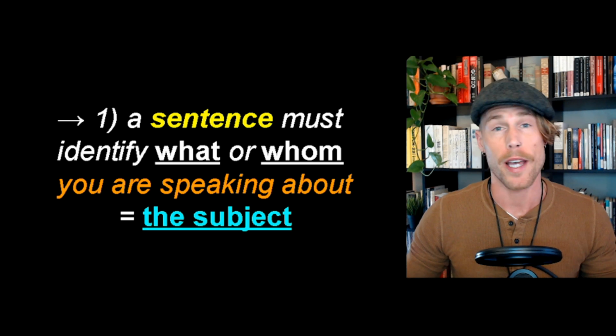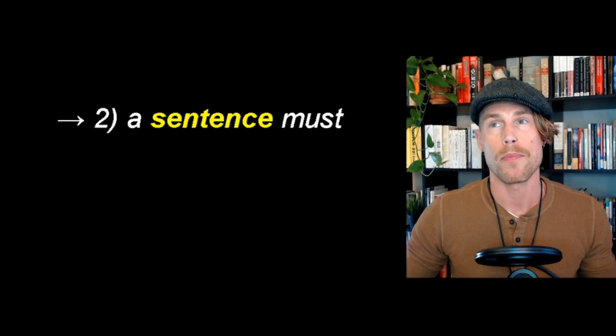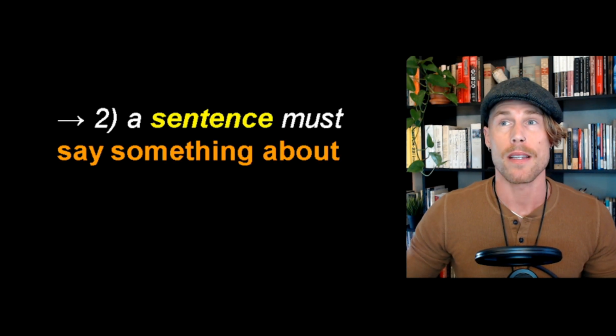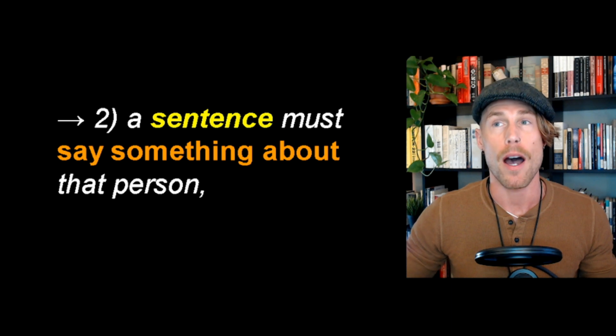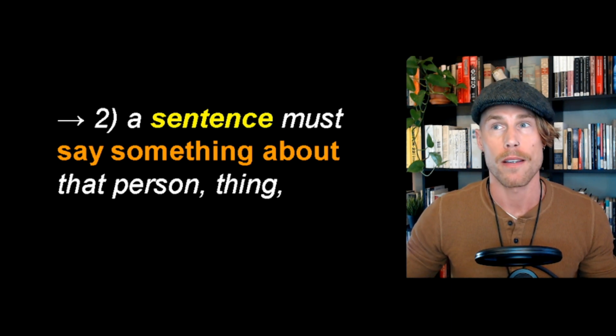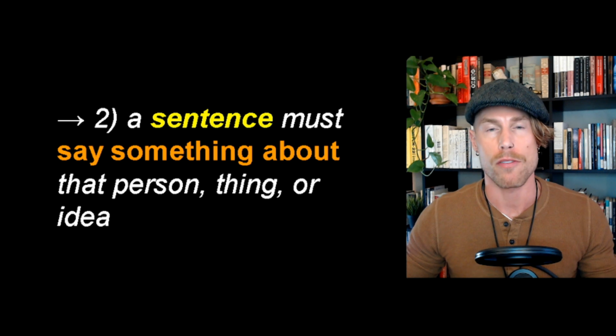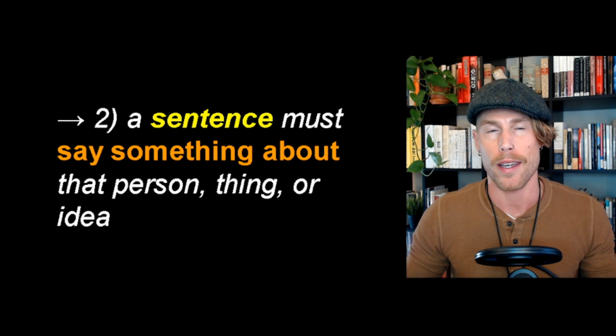If you don't have a subject, you don't have a sentence. And number two, a sentence must say something about that subject, that person, thing, or idea. Or it can be a place too. A place is a thing.